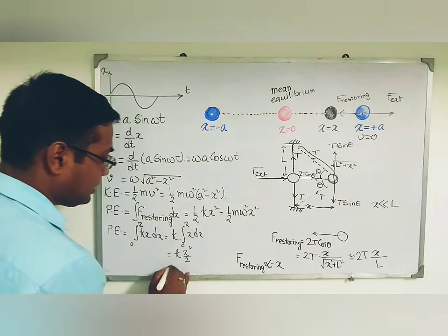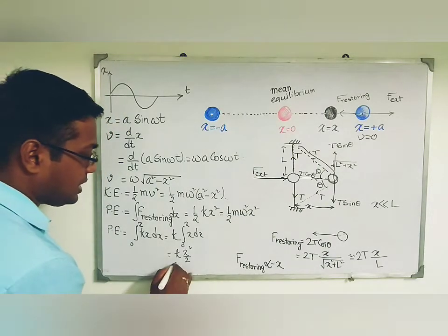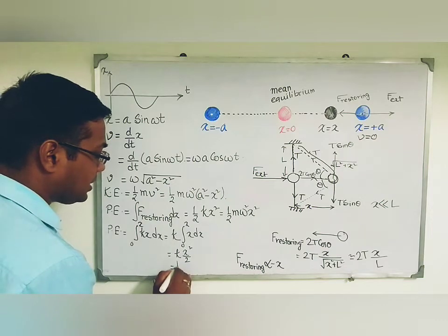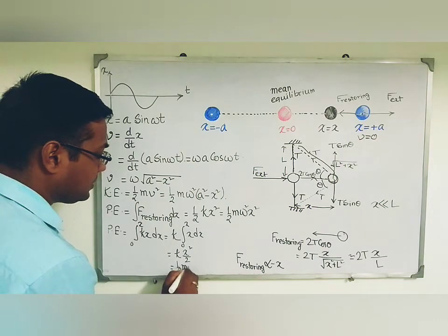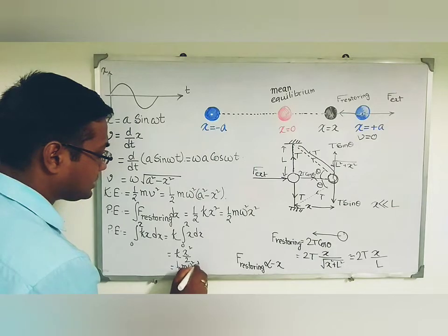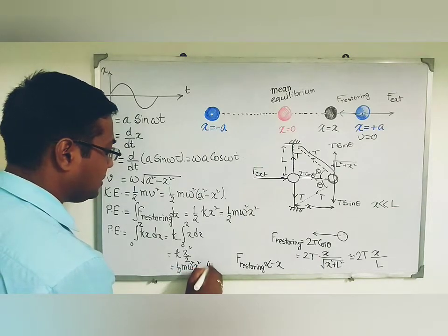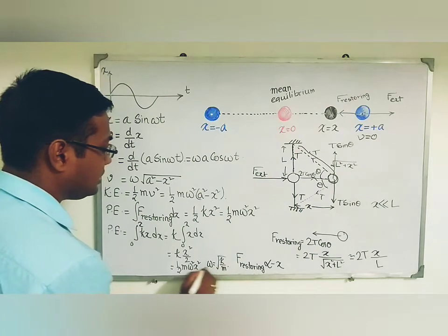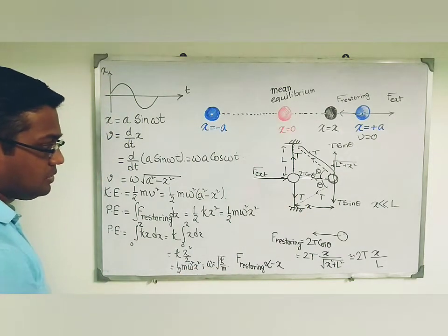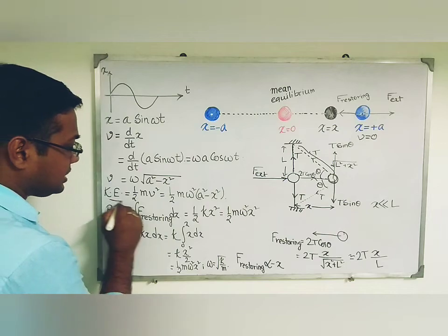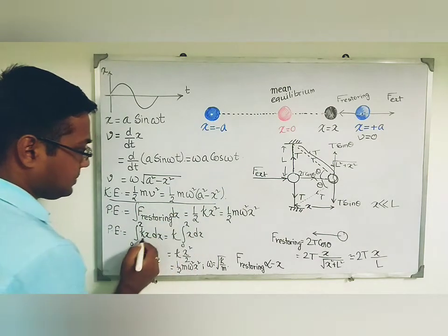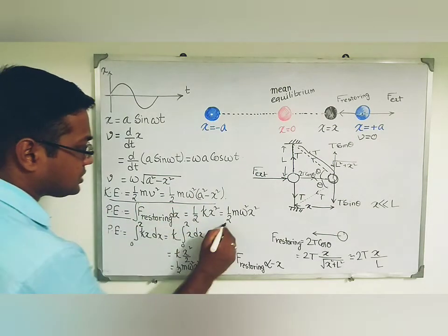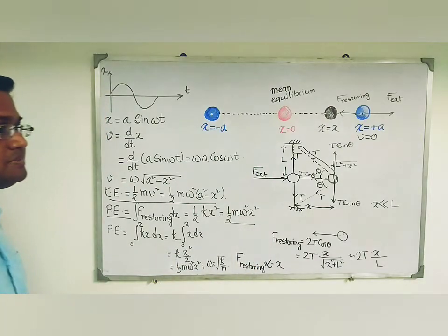And this k, which is a constant, can be written as m omega square, as omega is related to k by this relation. So this is the expression of the kinetic energy and this is the expression of the potential energy.